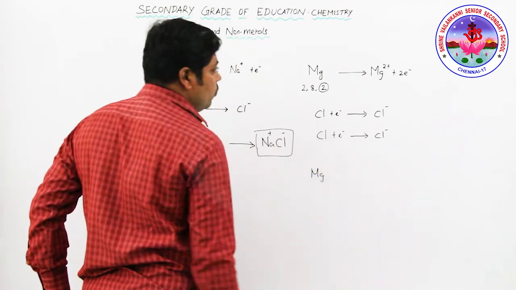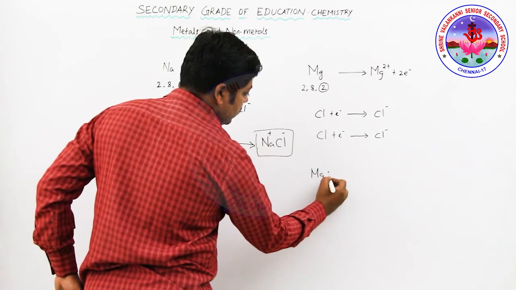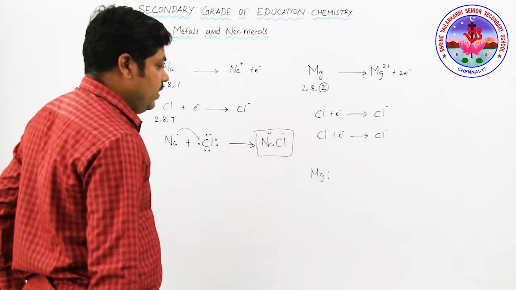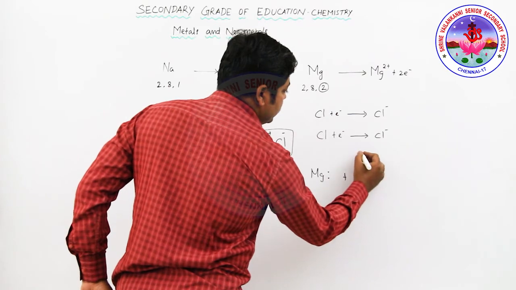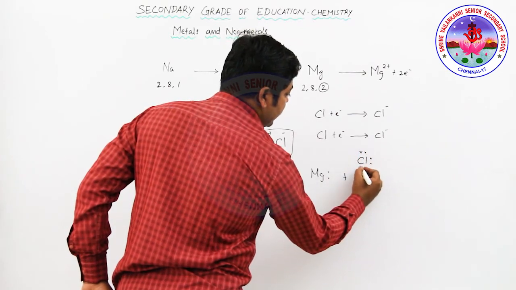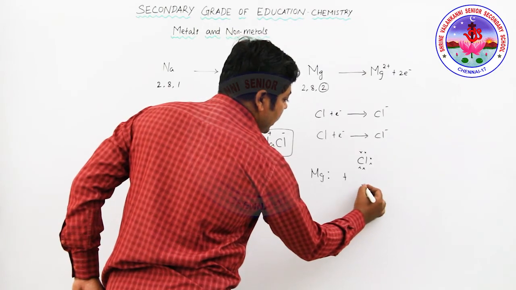Now look at this. Magnesium has 2 positive charges, that means 2 electrons. Then 1 chlorine on this side has 7 electrons, and 1 more chlorine also has 7 electrons.